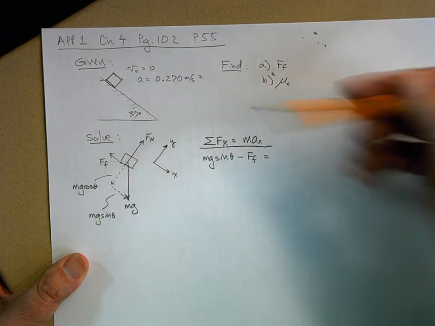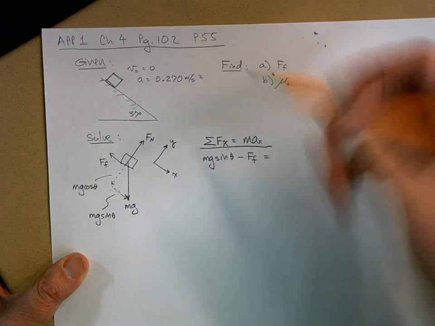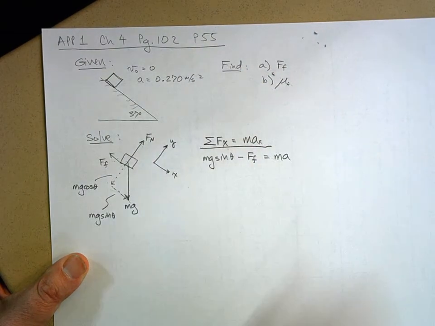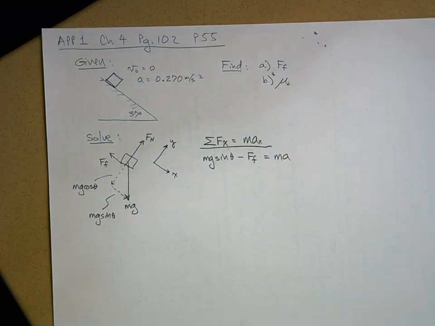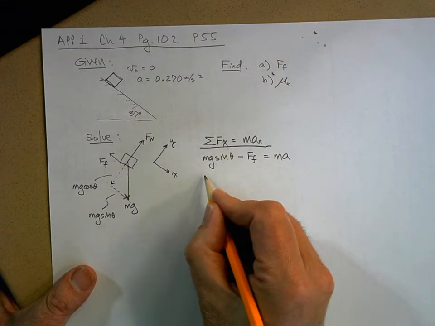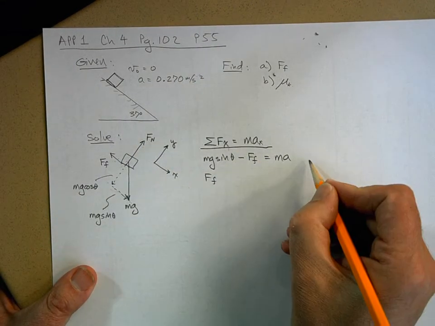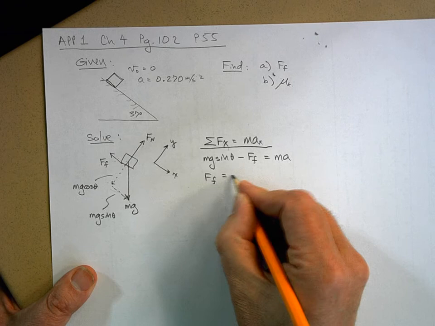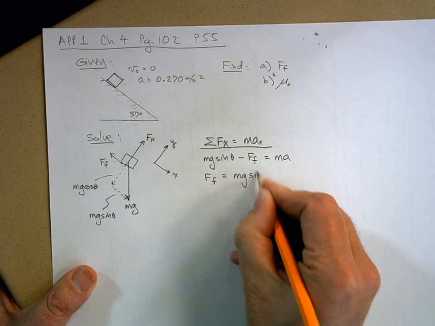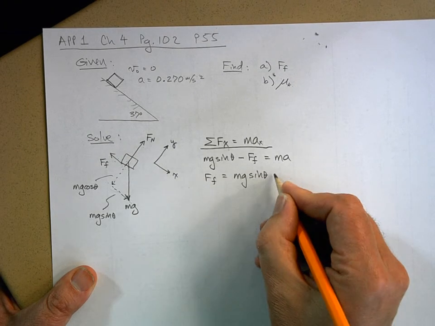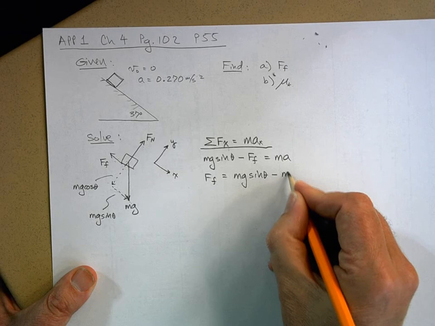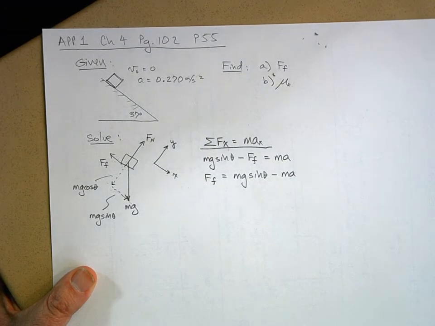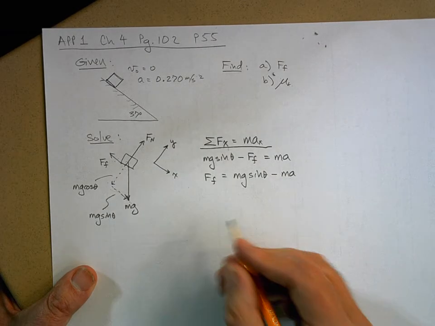Equals, do I have acceleration? Yes. So I can't make it 0. So now I can solve for the force of friction. The force of friction, I'm going to add it to this side and subtract the other way, is equal to mg sine theta minus ma. Did I do that right? Yeah.